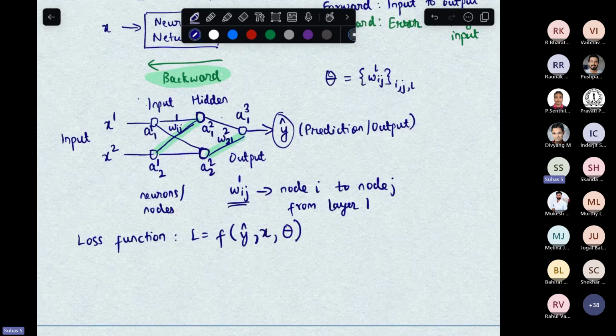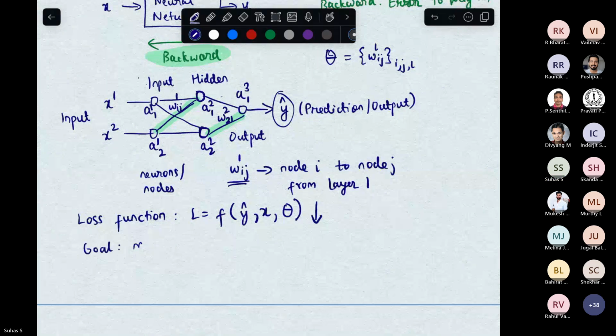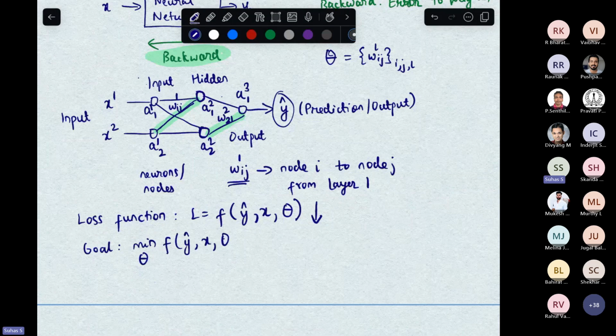This is typically what is done in neural networks, where you try to minimize this. So our goal is to minimize over all possible theta this function of y hat, x, and theta.